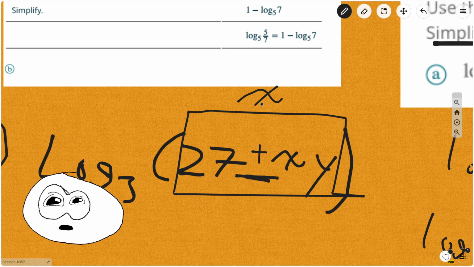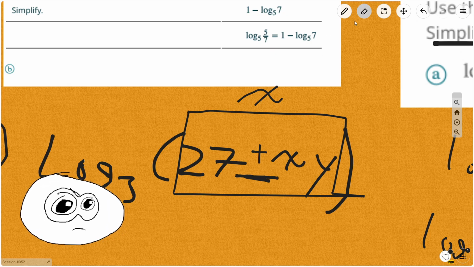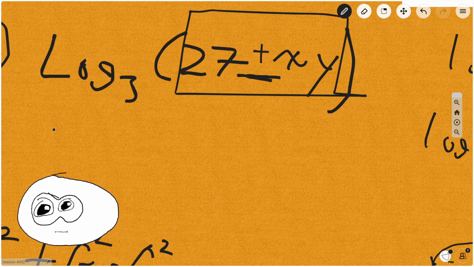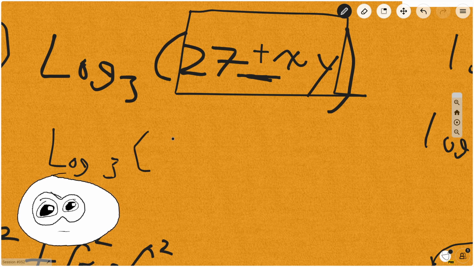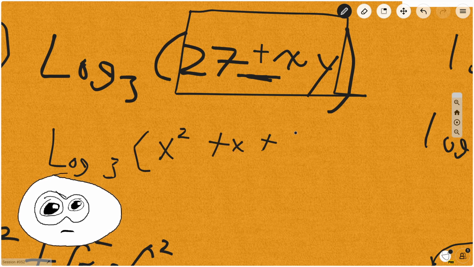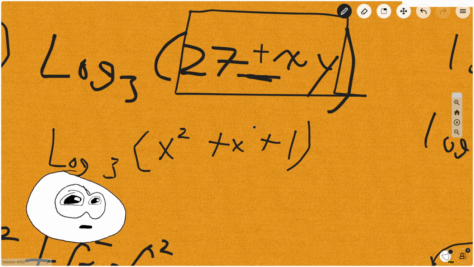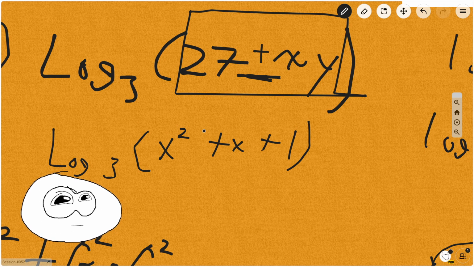Now, maybe using something else it might work, right? If it was log 3 of x squared plus x plus 1, then yeah, you could do the quadratic formula and simplify it and do those kinds of shenanigans.